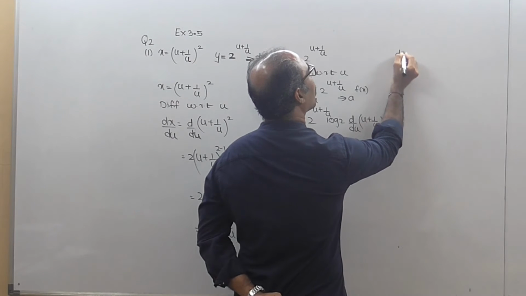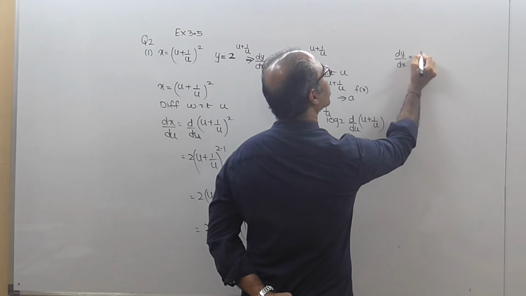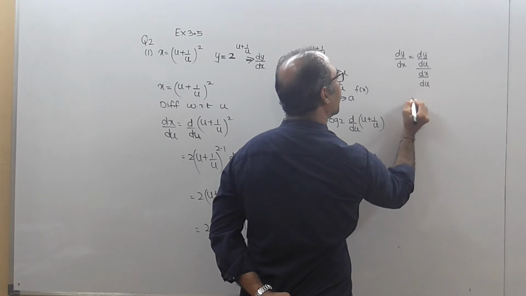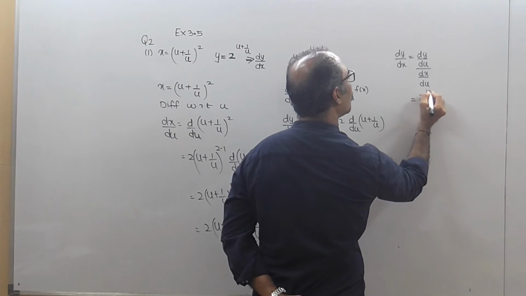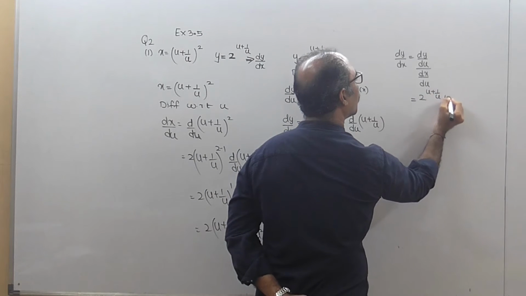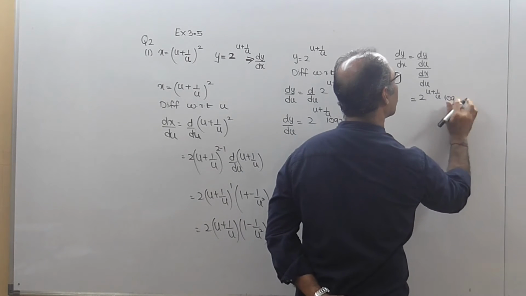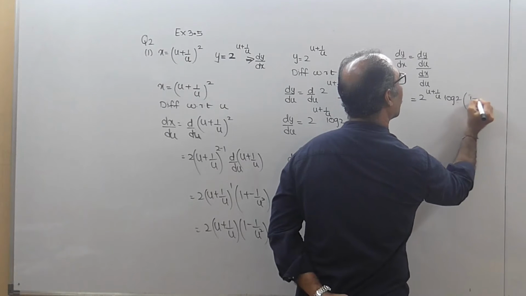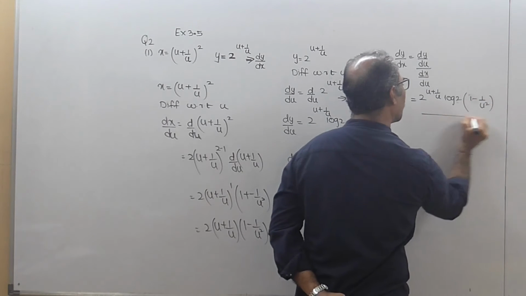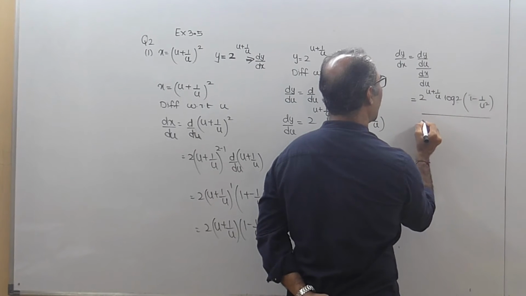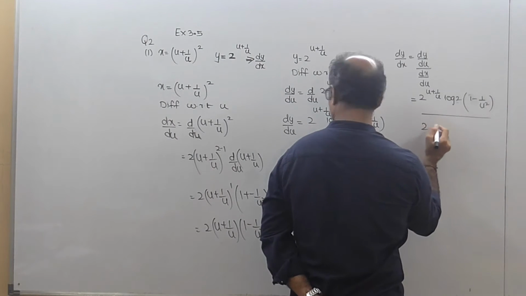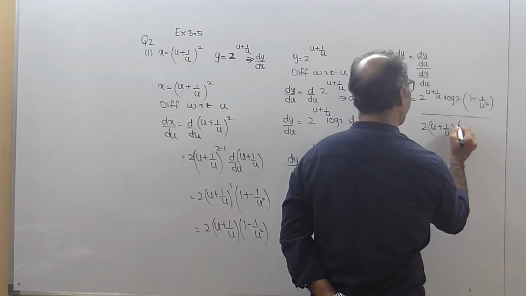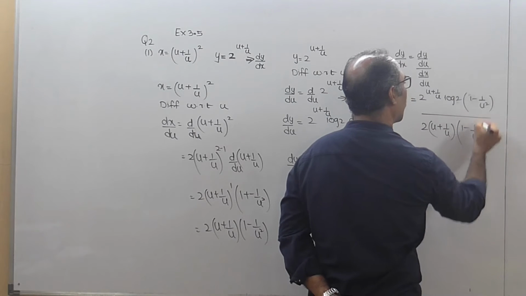We have to find the value for dy by dx, which is nothing but dy by du upon dx by du. Dy by du is 2 raised to u plus 1 upon u log 2, and this is 1 minus 1 upon u square, and in the denominator you will have dx by du, which is 2 u plus 1 upon u multiplied by 1 minus 1 upon u square.